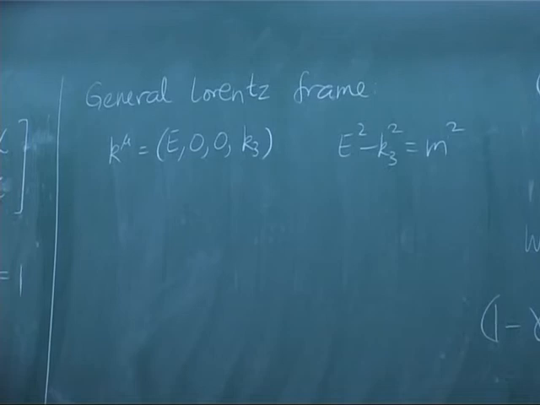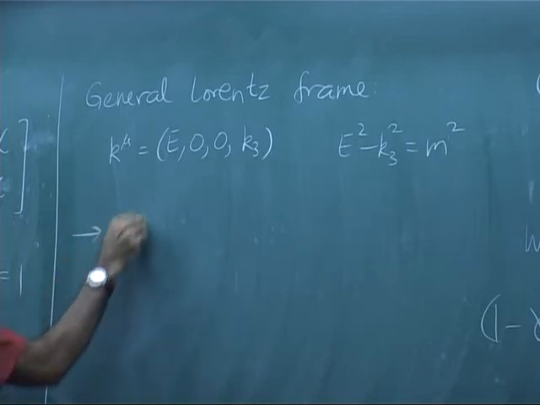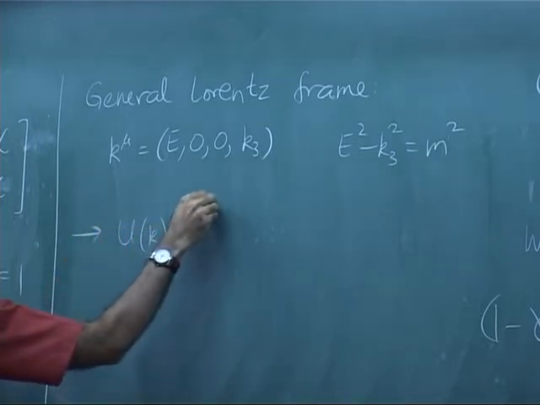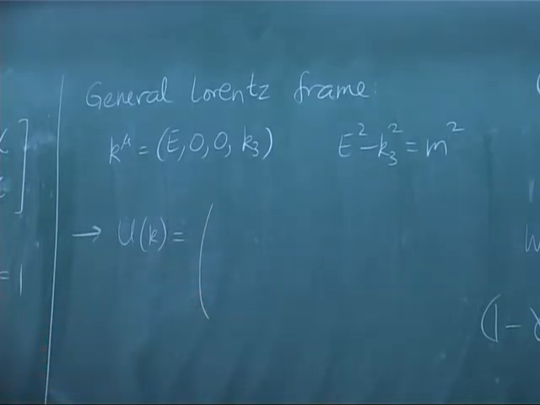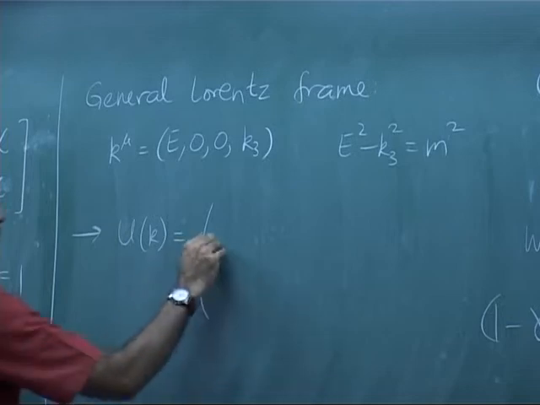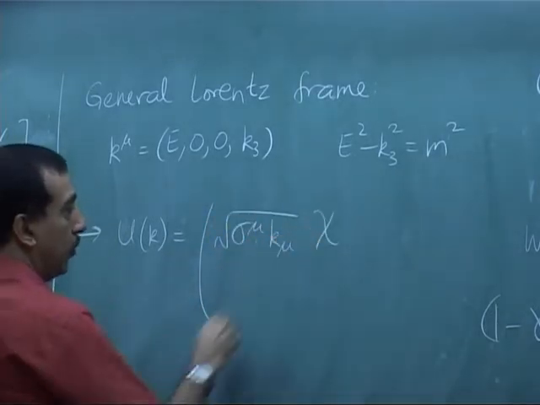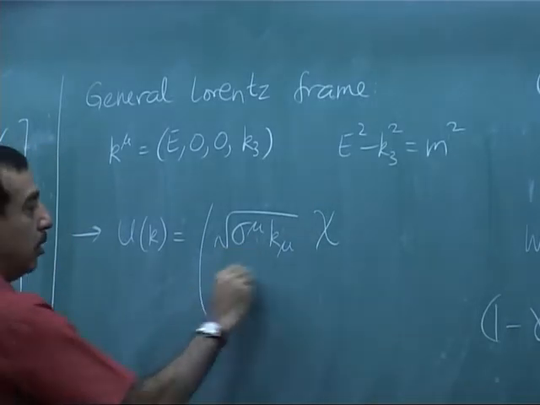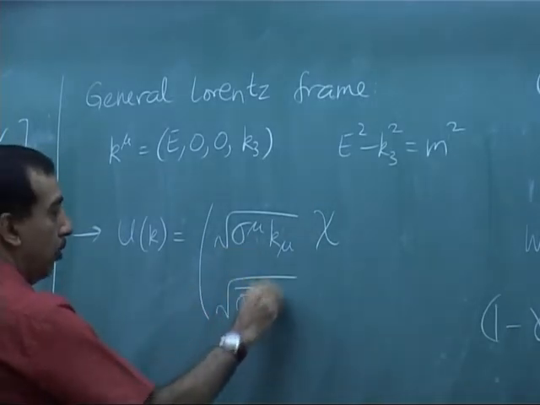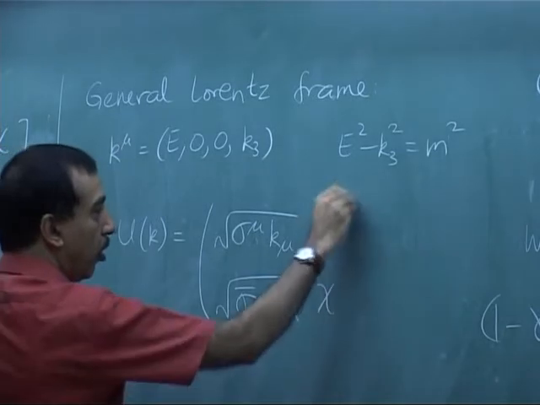In this case, I'll leave it as an exercise, you can try it in the tutorials. You will find that u of k is actually the following matrix: root of sigma mu k mu on chi. This is a 2 by 2 matrix, and root of sigma bar mu k mu on chi.